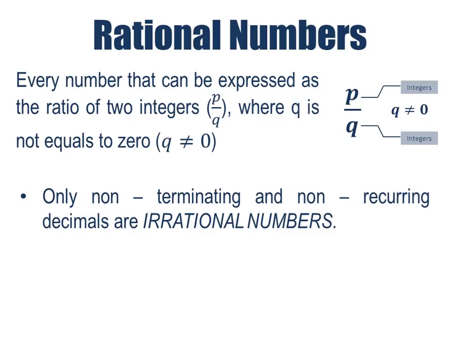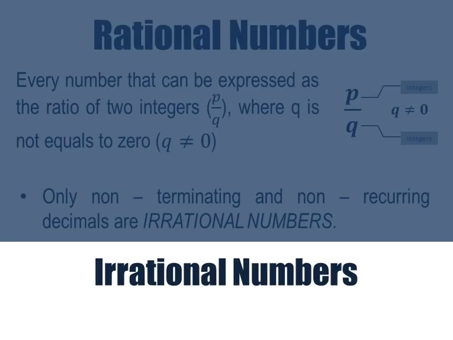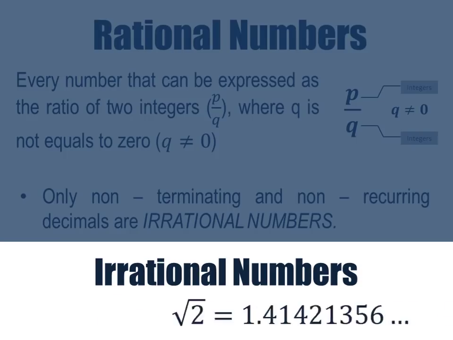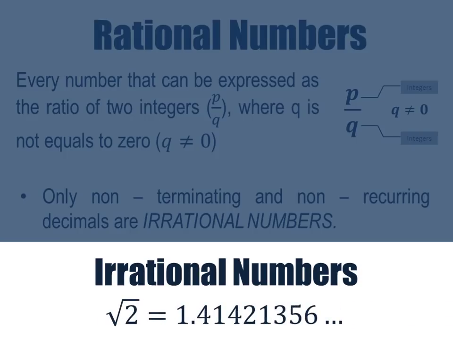In the last of this video, I will share few examples of irrational numbers with you. Starting with square root of 2. If you find the value of square root of 2, your calculation will never end, and it will keep on going like 1.4142135 and so on.